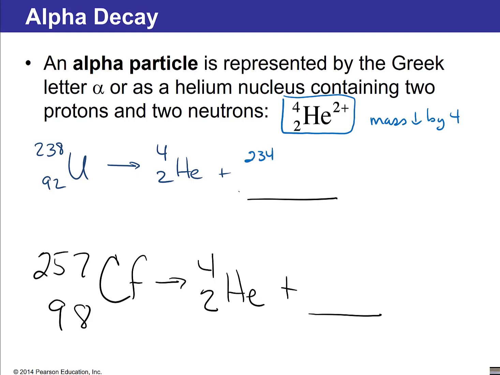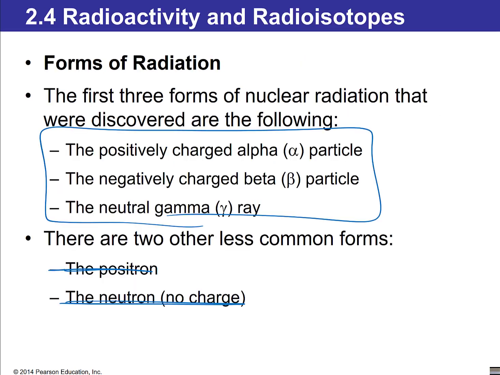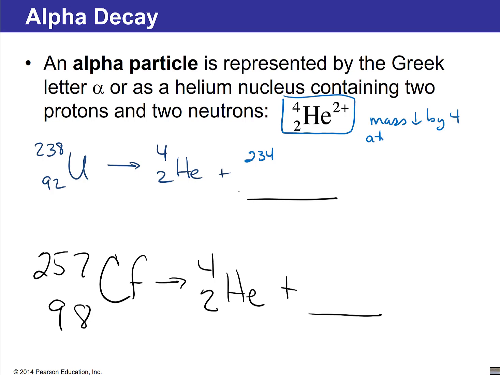But it loses those 2 protons. So what's that going to do to its atomic number? It's also going to go down by 2. So the atomic number will decrease by 2. Instead of 92, it will be 90.